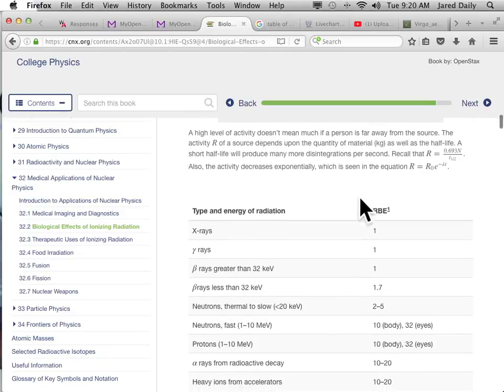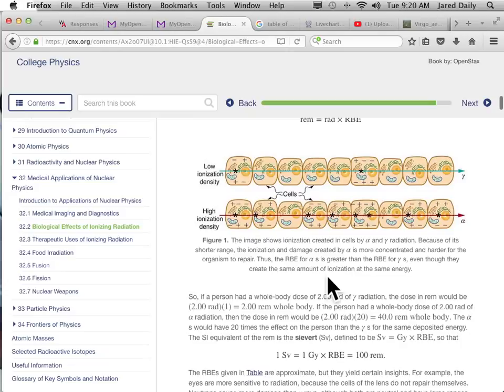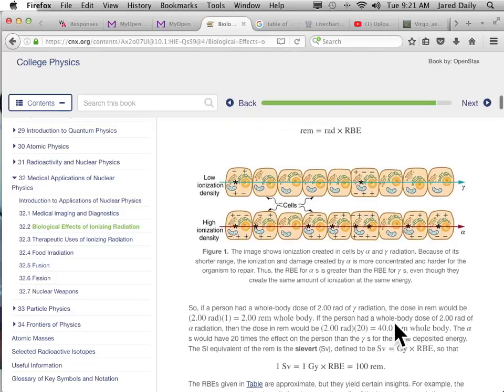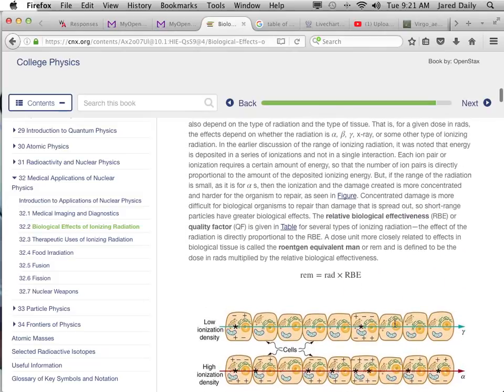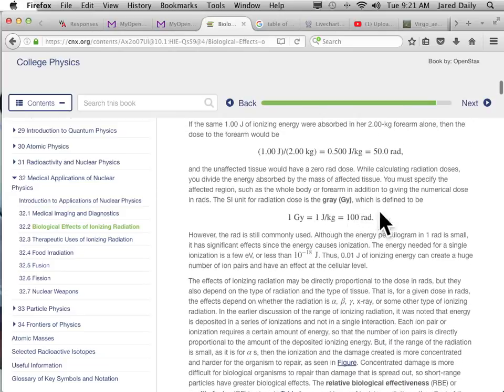So the other one is called the sievert, and there's actually two more, the sievert and the gray. The gray is, they don't say what the gray is here. Oh, here it is. The gray is 1 joule per kilogram, so it's 100 rads.